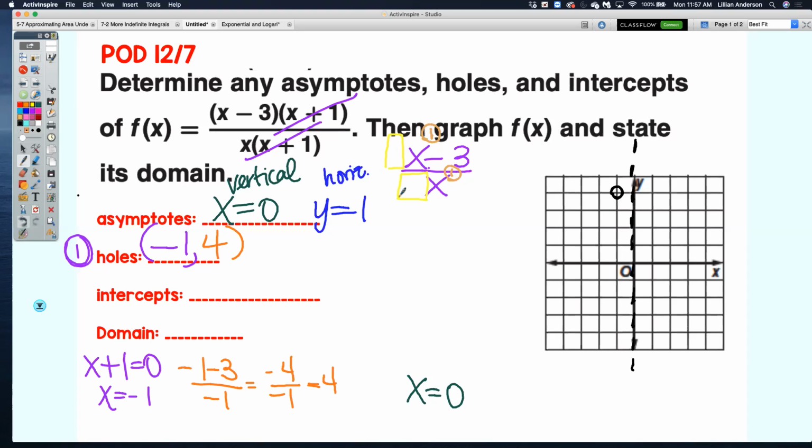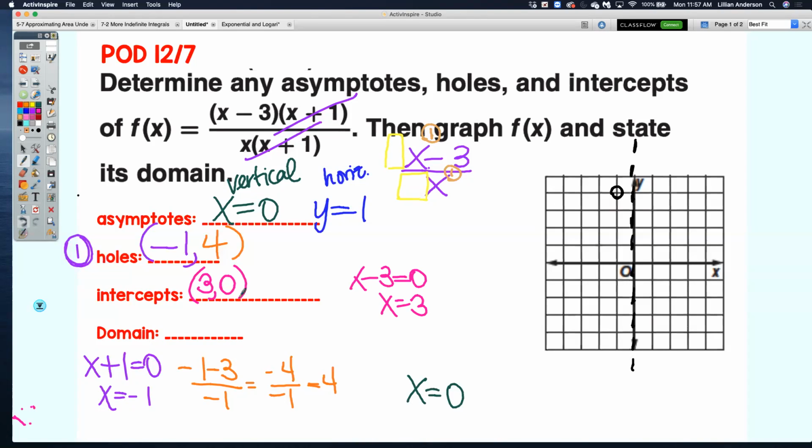Intercepts. You have x-intercepts and y-intercepts. How do you find your x-intercept? I said the numerator equal to 0. Yep, so the numerator equal to 0, so x is going to equal 3. And intercepts are points, y'all, so this is going to be 3, comma 0.